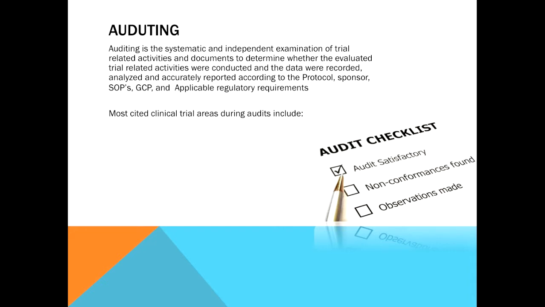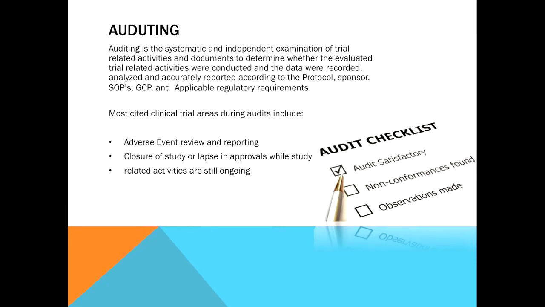Most cited clinical trial areas during audits include adverse event review and reporting, closure of study or lapse in approvals while study-related activities are still ongoing, informed consent process and documentation, drug or device accountability, and protocol adherence. Now we will define inspection and explain the main differences between inspection and audit.